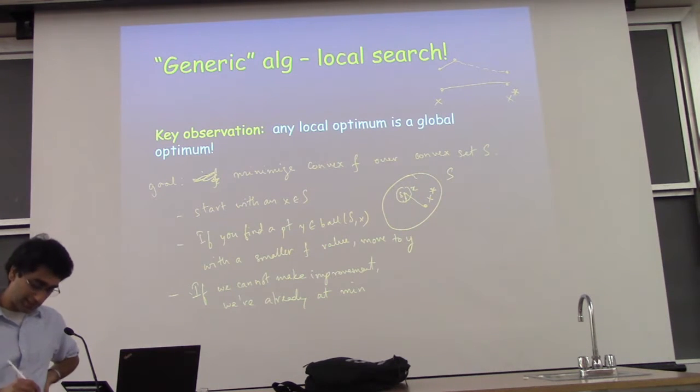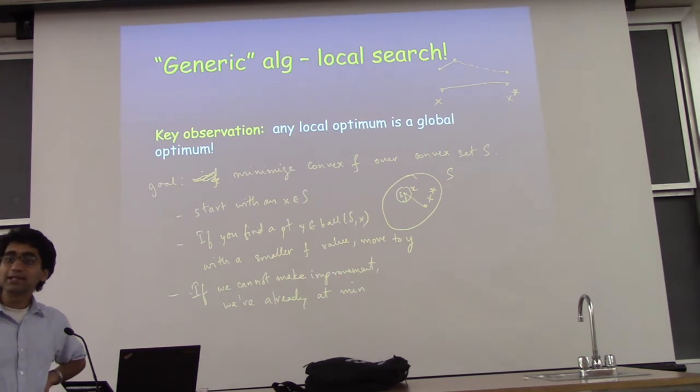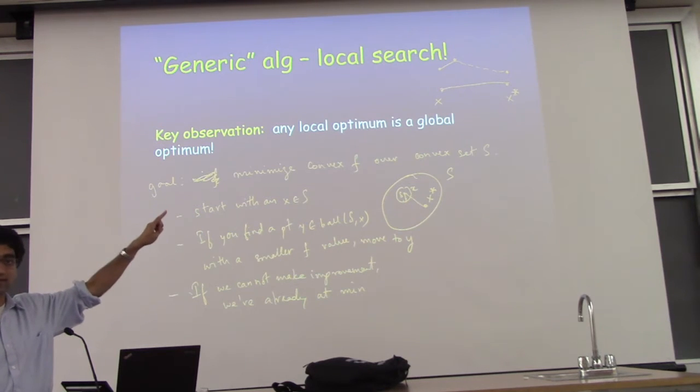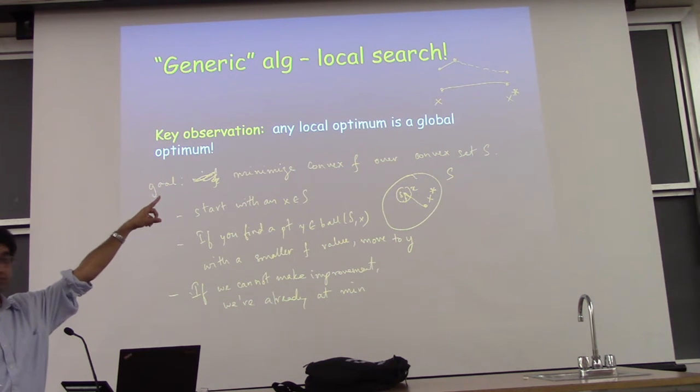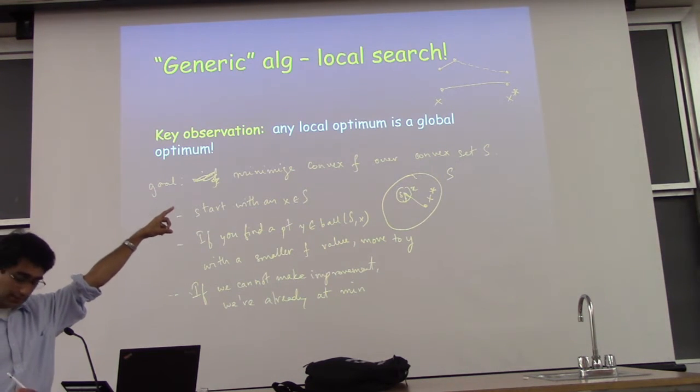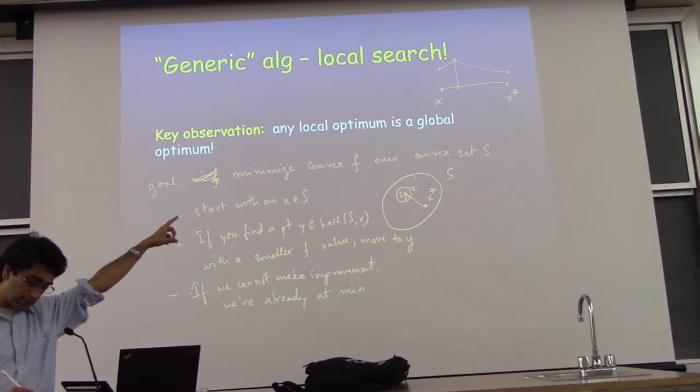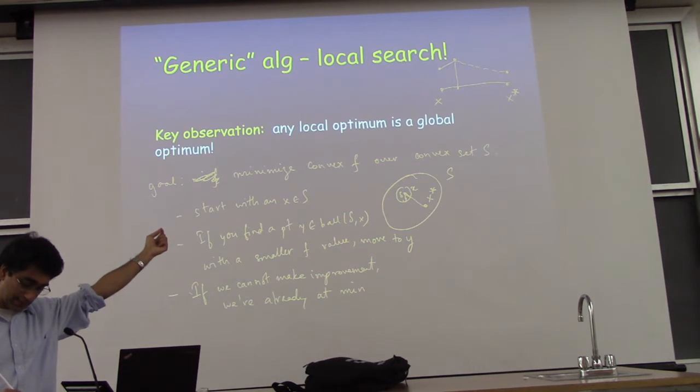So let's write it formally. Again, look at this line segment that joins x and x star, and look at the point which is delta away from x. Any point on the line segment you can write as t times x plus 1 minus t times x star.